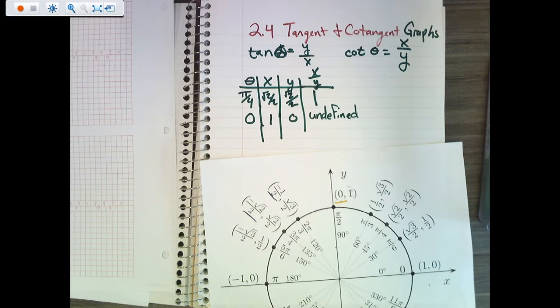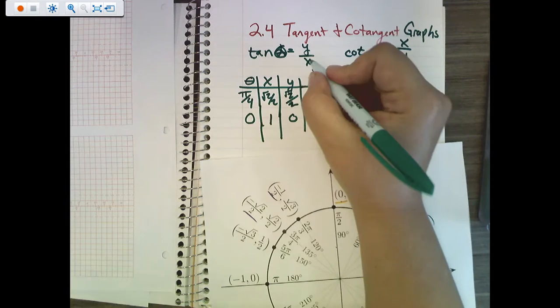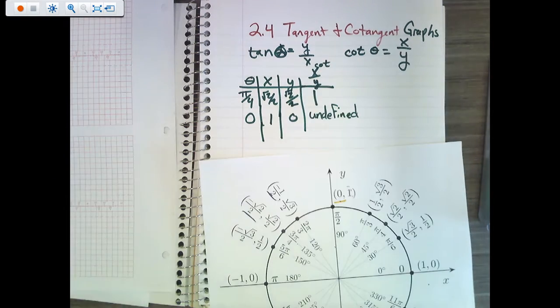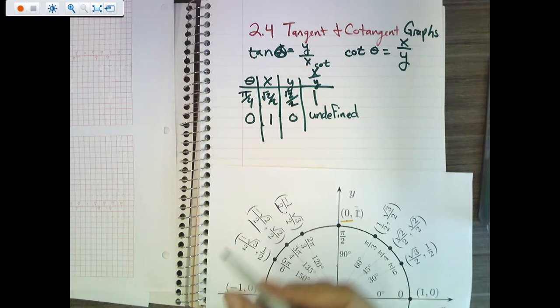Except right now, I'm basically doing cotangent, not tangent. Just make sure that I'm noticing that I'm doing cotangent, because I wrote x over y, not y over x.